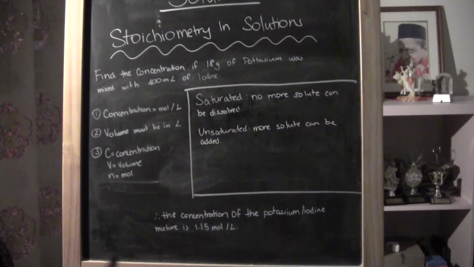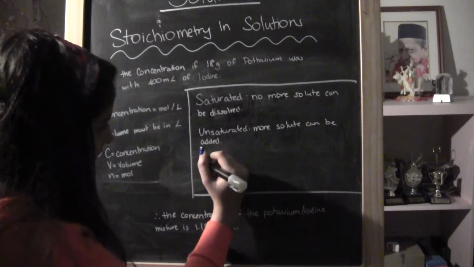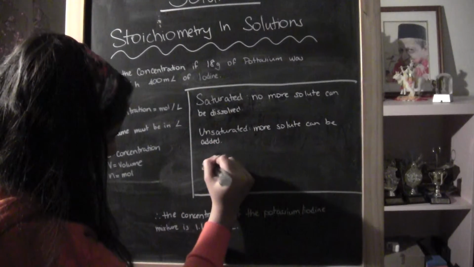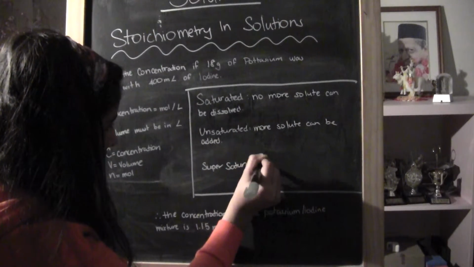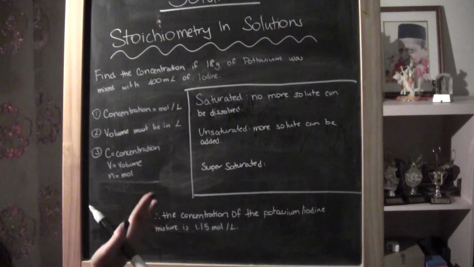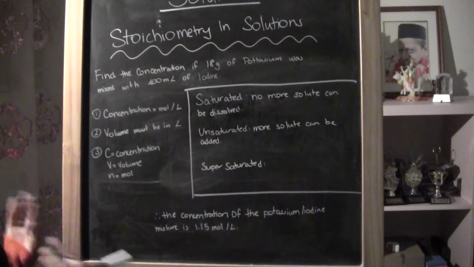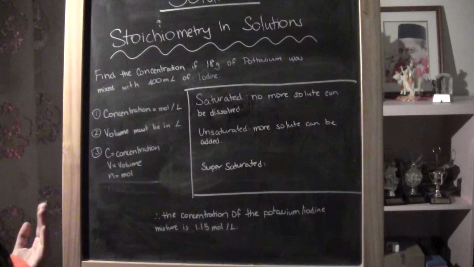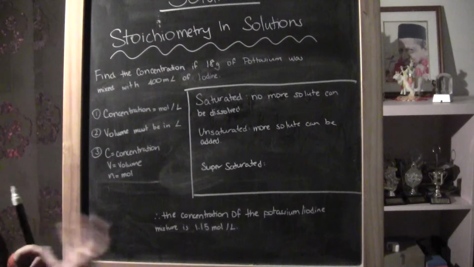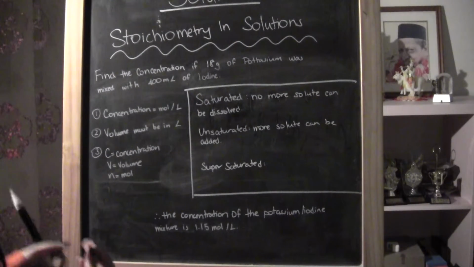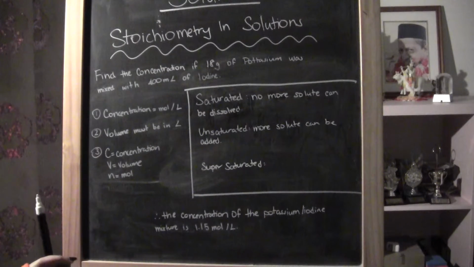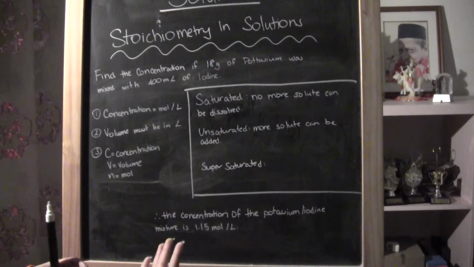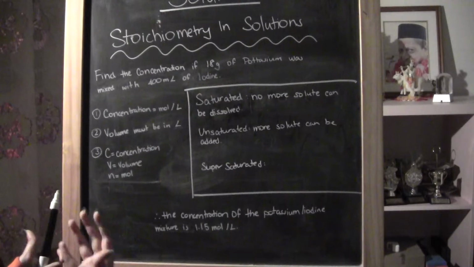And the last one, supersaturation. This would be a solution where there is more solute than can be dissolved. So that bucket of salt, for example, there's so much solute that even with the liquid solvent, so the water, it won't be able to dissolve.